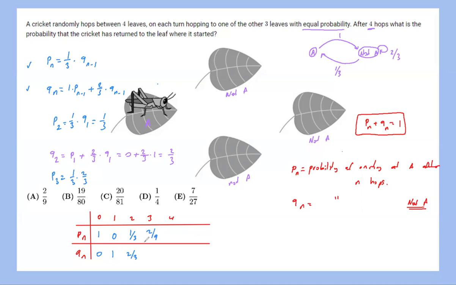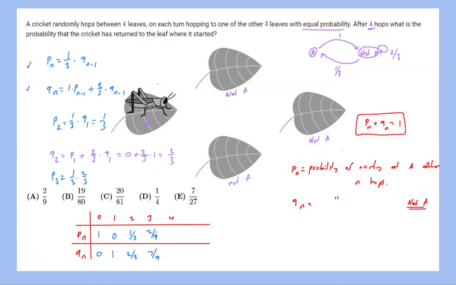To get the next Pn, you multiply the previous Q of n minus 1 by 1/3, because that's what we have written. You could multiply the number right here by 1/3 to get this one, but I don't know this yet. But I do know the sum of these two is 1. So if this is 2/9, then this is 7/9.